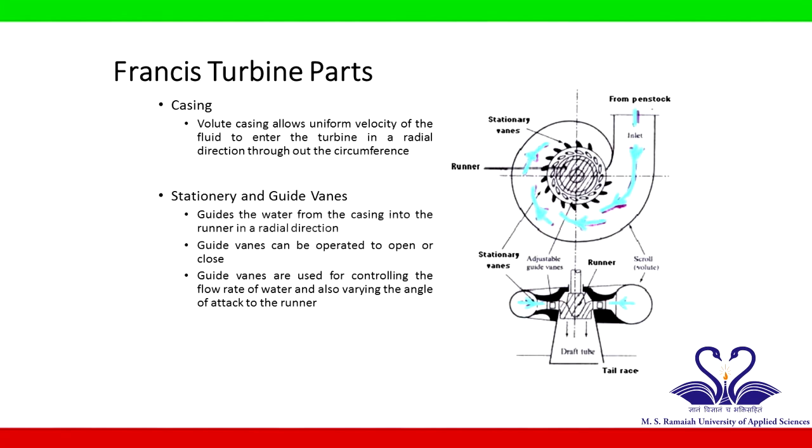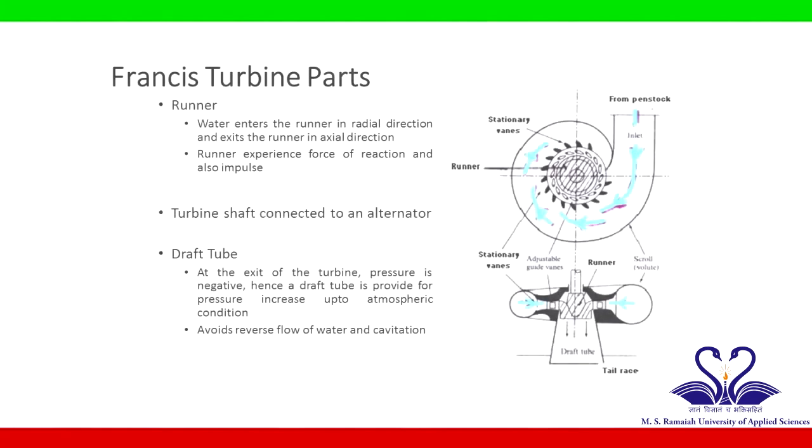Guide vanes can be operated to open or close for controlling the flow rate of water and also varying the angle of attack to the runner. After passing through the guide vanes, water enters the runner in radial direction and exits the runner in axial direction. The runner experiences force of reaction and also impulse.